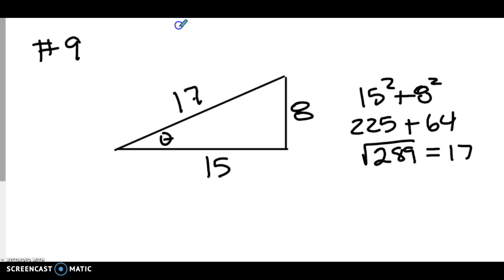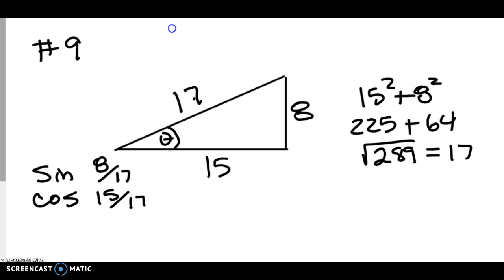So now, in defining the exact value, sine, remembering sine is opposite over hypotenuse, this would be our exact value for the sine. Cosine, you guys know to be adjacent, 15 over hypotenuse, 17, and the tangent, opposite over adjacent, 8/15.